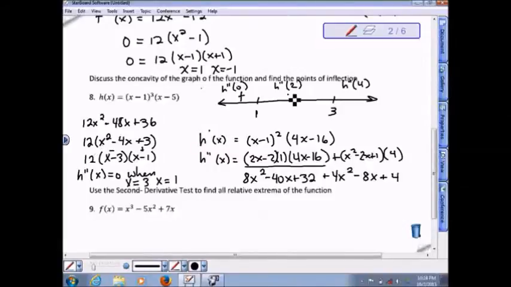Positive times a negative times 12 is negative, and then 4 minus 3 is positive, 4 minus 1 is positive. Positive times a positive times 12 is positive. We have a region now where we know the graph is going to be concave up here and here.